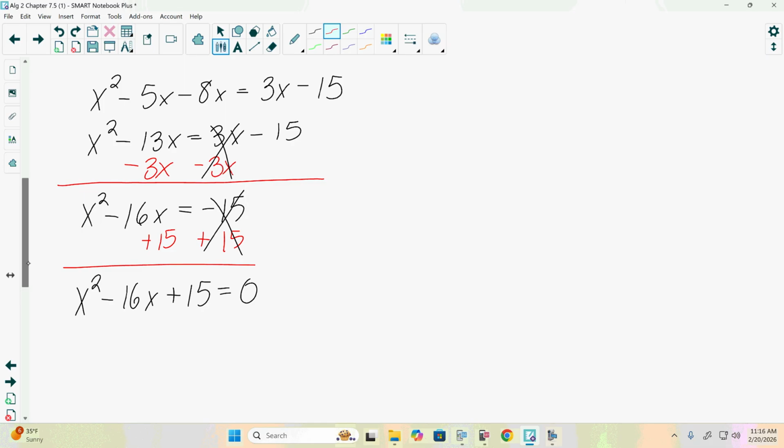Now, solving from here, we're trying to find out what values of x will make x squared minus 16x plus 15 be 0. One thing of note, if we're going to have real solutions, and they're going to be rational, if we know we're going to have a fraction, a has to be something other than 1.